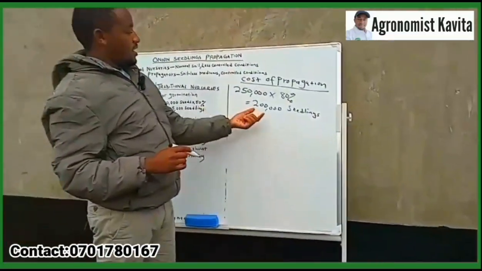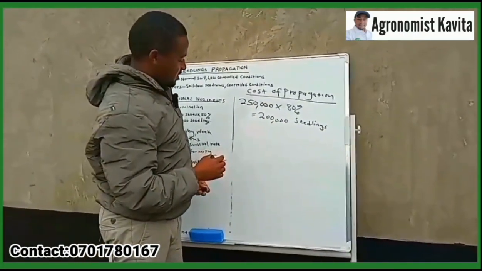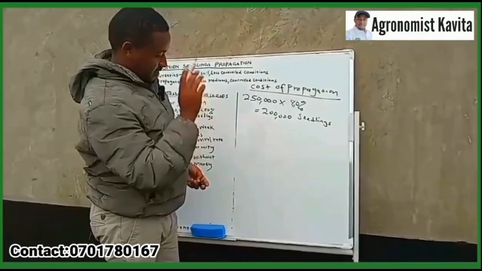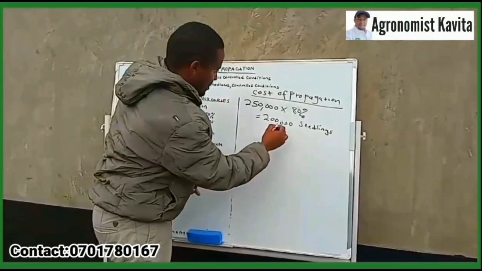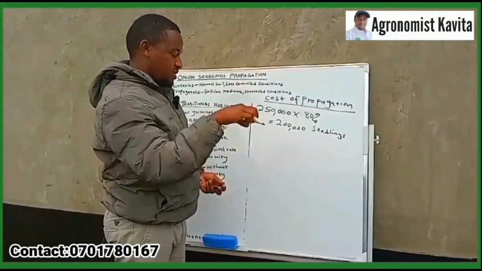So how do they go about the costing when they are sowing the seeds?